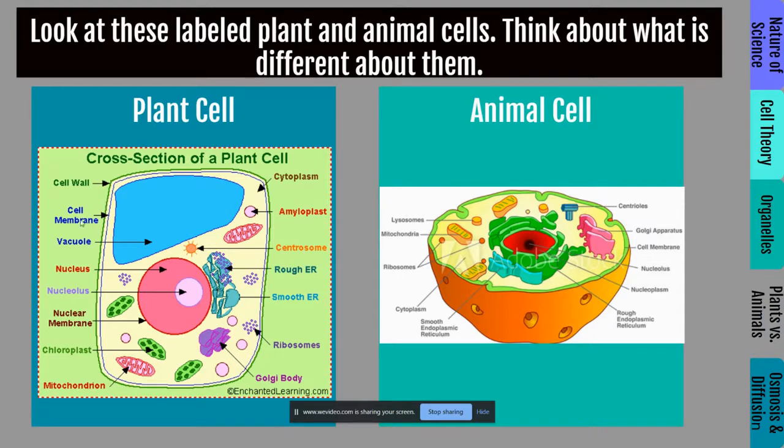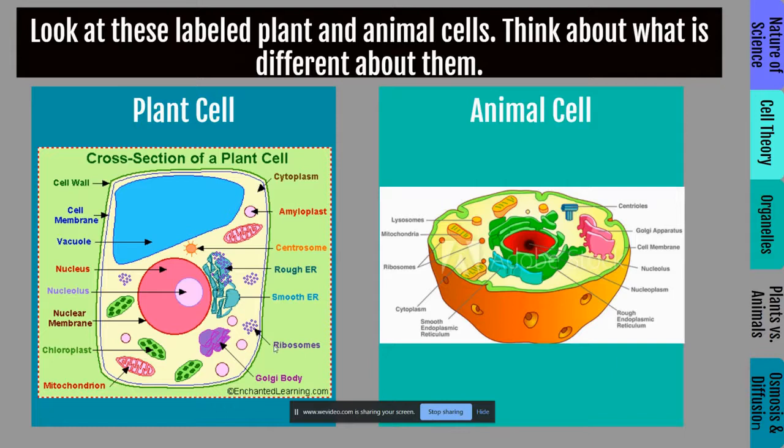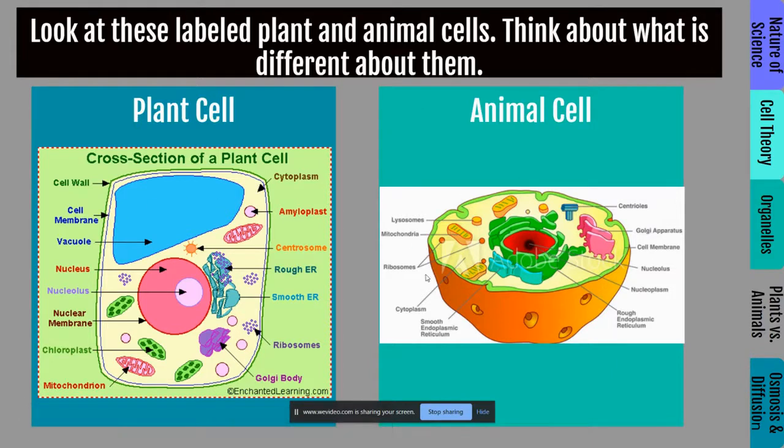So the cell membrane is also inside of the plant cell. It's just inside of your cell wall. So the cell wall in the plant cell surrounds the plant cell. It also surrounds your cell membrane. In animal cells, the cell membrane surrounds the animal cell.